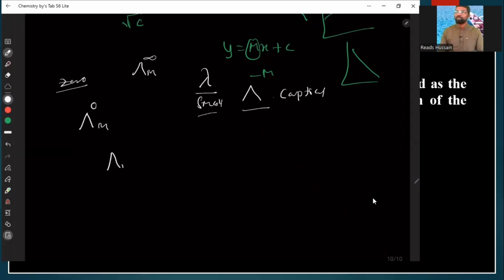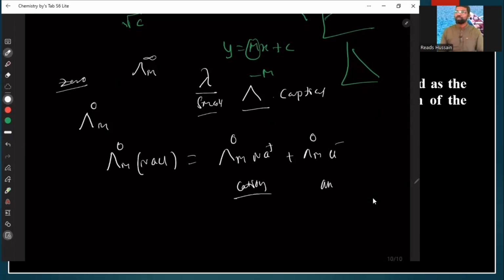So the limiting molar conductivity of NaCl, sodium chloride, is equal to the limiting molar conductivity of its individual ions. What are the individual ions that sodium chloride contains? Na plus, a cation, and Cl minus, an anion. So the limiting molar conductivity of an electrolyte is equal to the sum, that is the total, of the limiting molar conductivities of the cations and anions of that electrolyte.